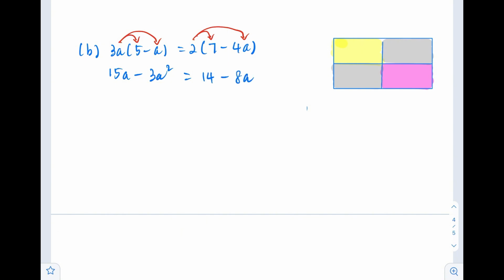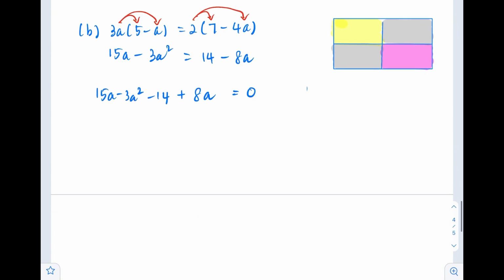Now in order to apply our zero product principle, we must have the right hand side of the equation equal to 0. That means I would need to subtract 14 on both sides of the equation and add 8a on both sides, so that I would have 15a minus 3a squared minus 14 plus 8a equals 0.